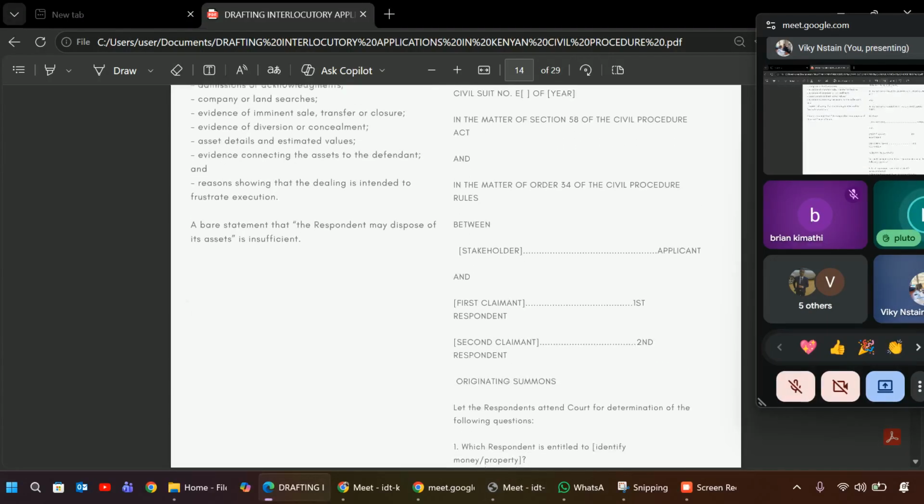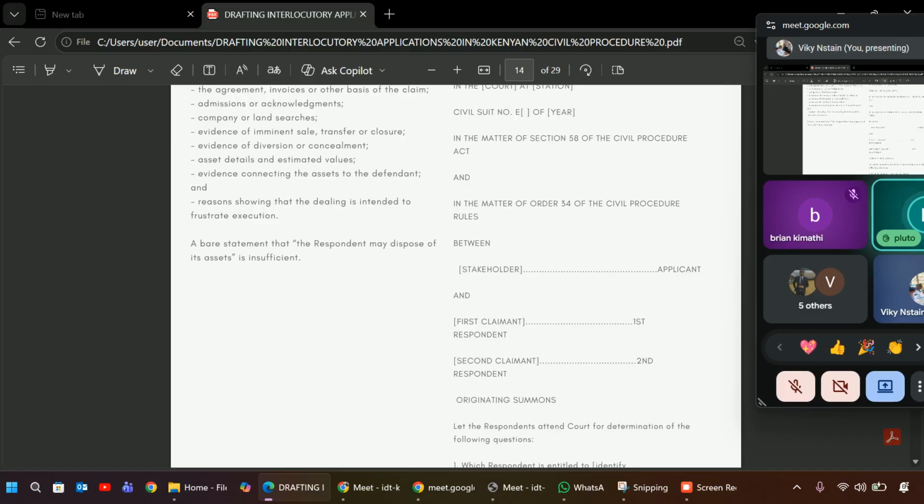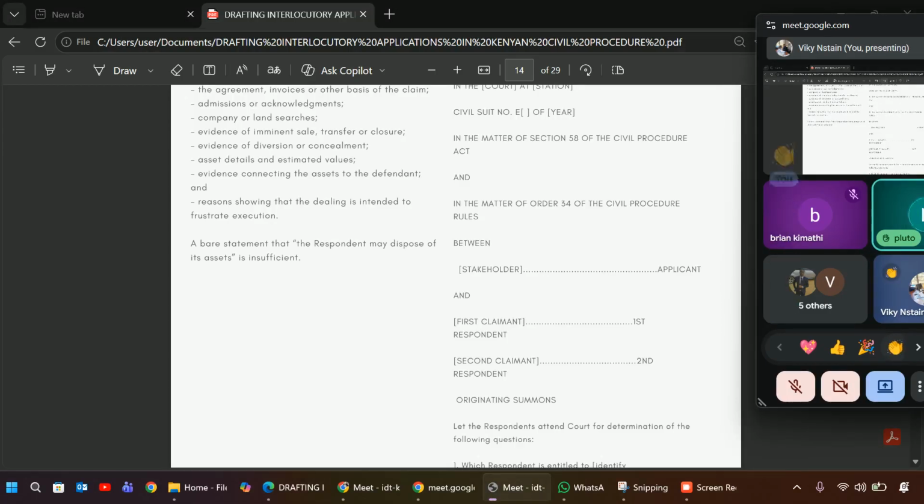Maybe I can just read one I see here. It says: the caption itself, in the matter of delivery of possession of container number so and so, the applicant is Marlene Cargo.